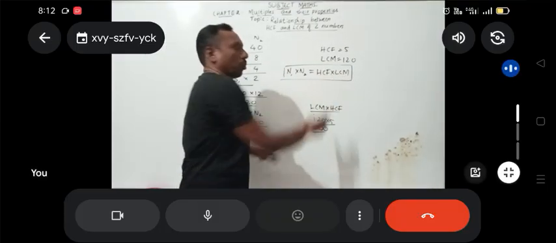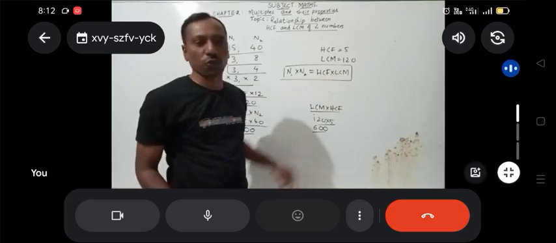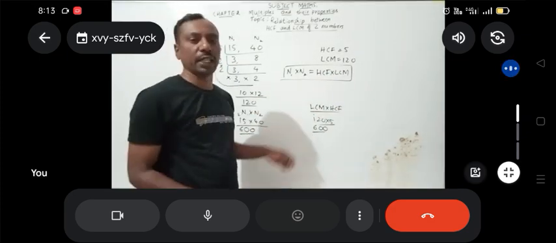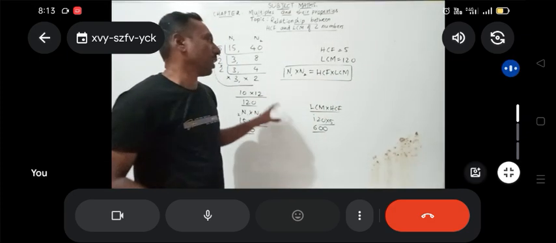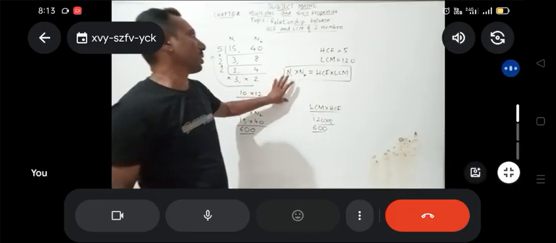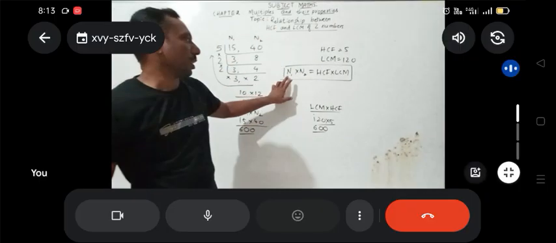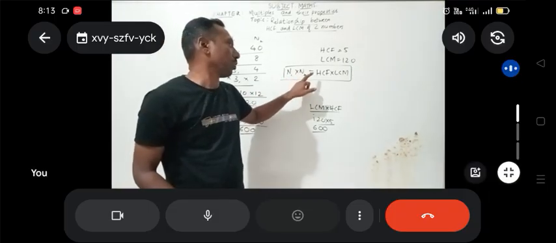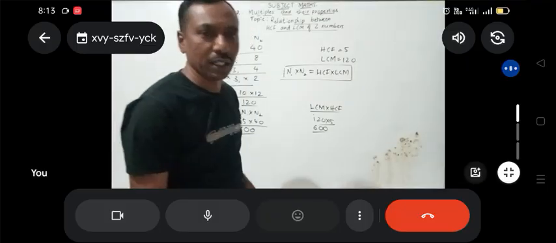That will definitely equal the product of the HCF and LCM of those two numbers. Any two numbers you can take and check it. This will be true. So number 1 multiplied by number 2 is equal to HCF times LCM of the numbers.